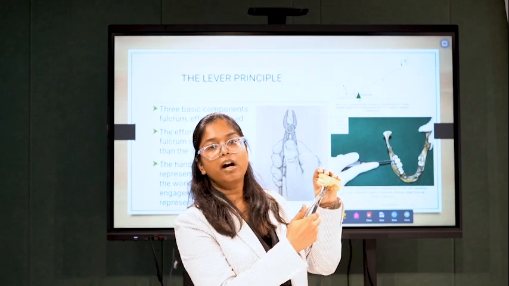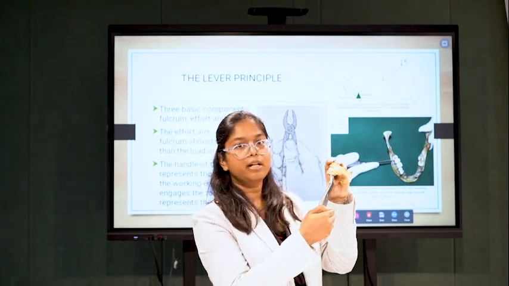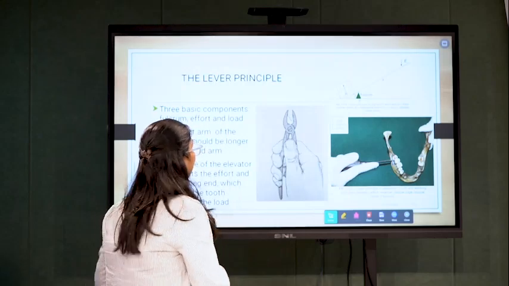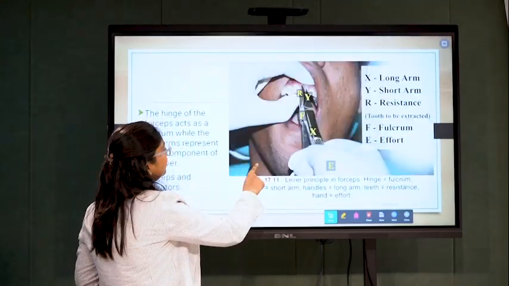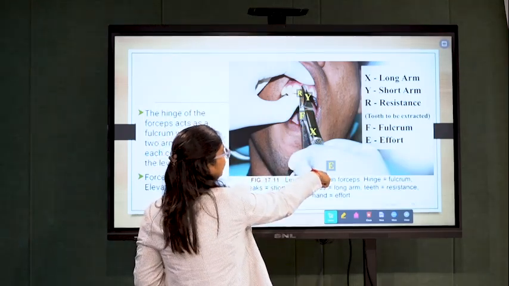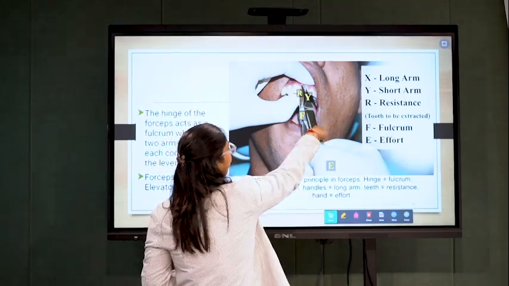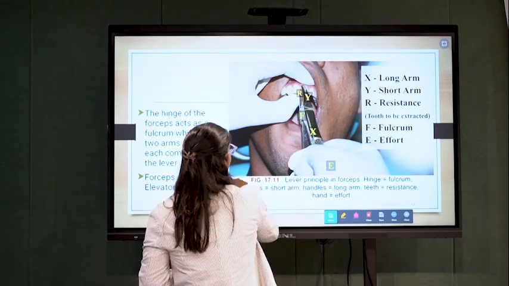So this is how the lever principle applies to the forceps. You have to hold as far as possible. The effort arm should be long so as to help you with the extraction with minimal trauma.